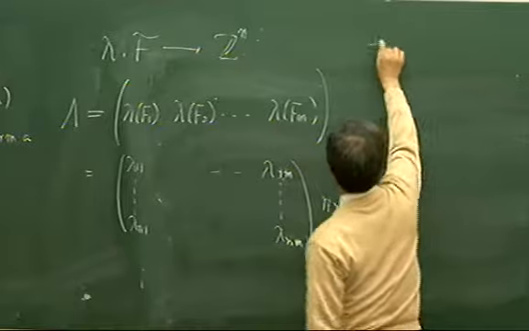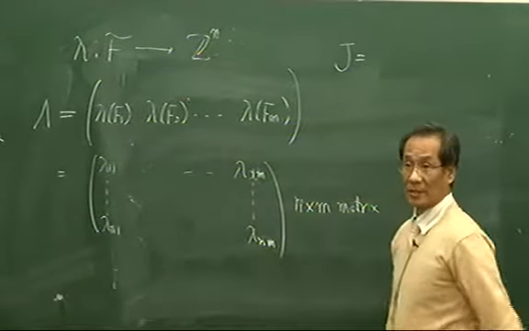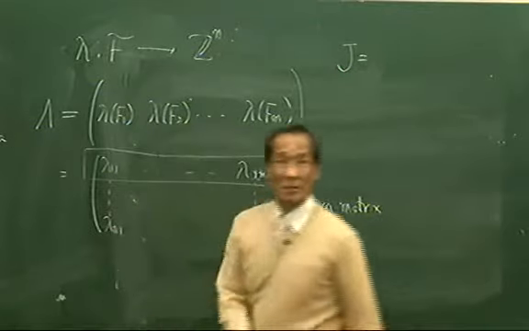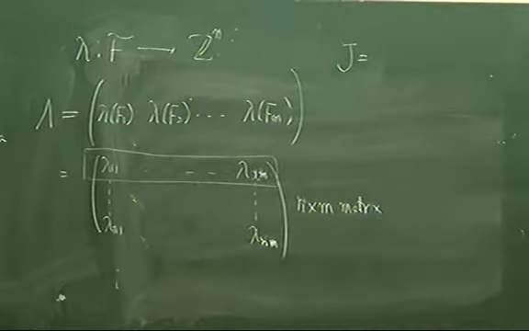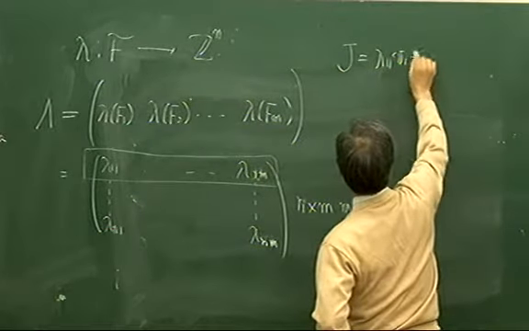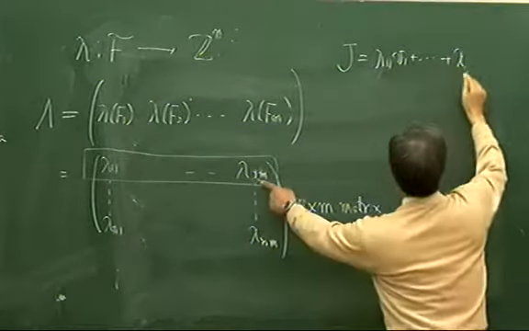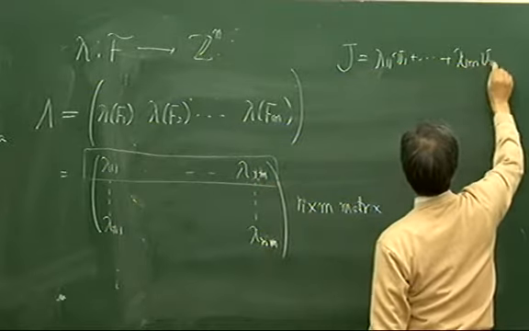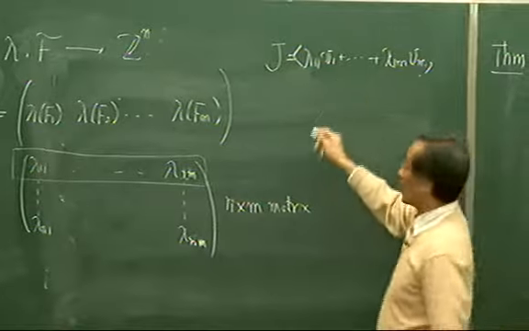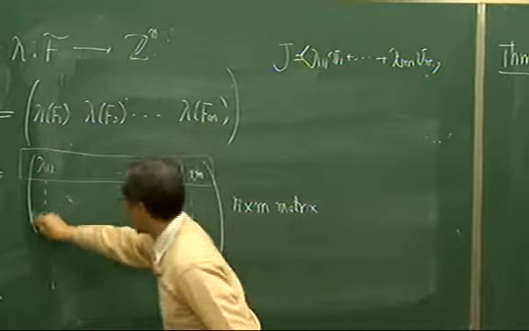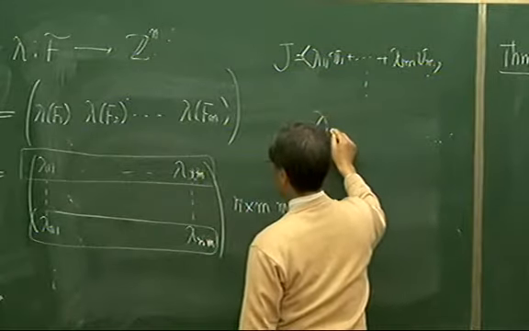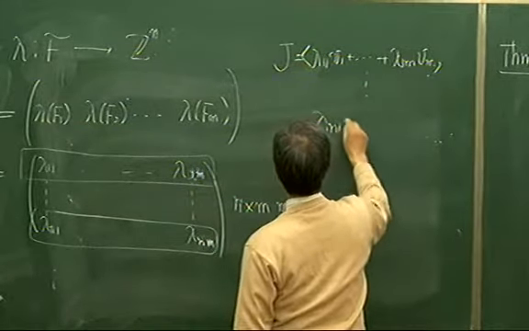Then this ideal J is generated by the linear equations defined by this one. So lambda 1,1 v1 + ... + lambda 1,m vm is one linear equation, and then another linear equation, and also lambda n,1 v1 + ... and so on.